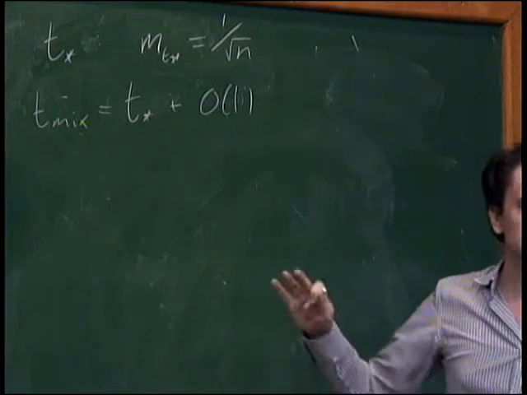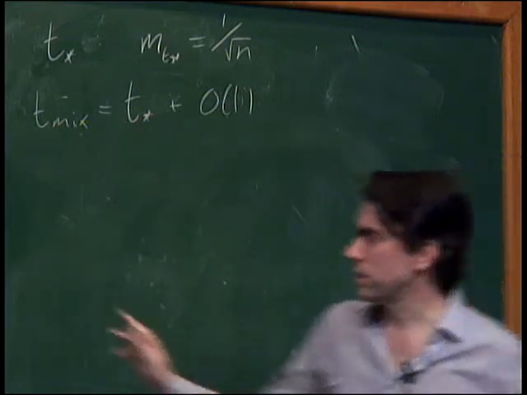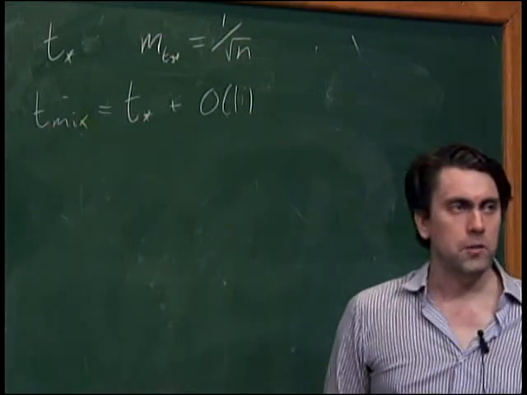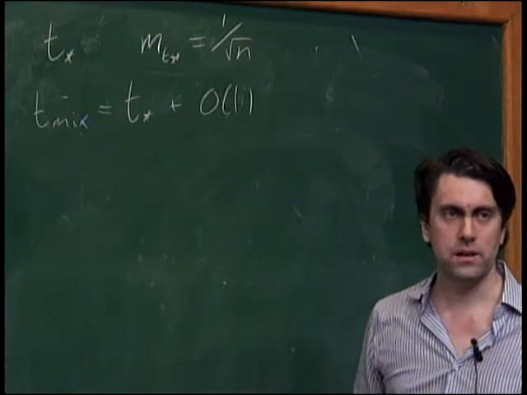So the point at which the magnetization becomes 1 over square root of n rather than 1 over n will be the right mixing time.